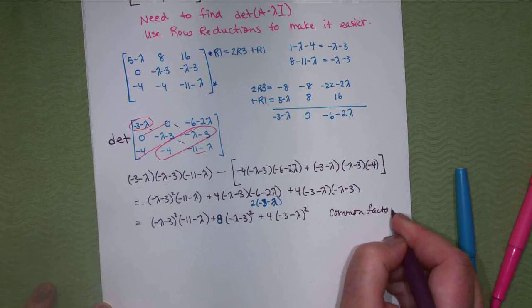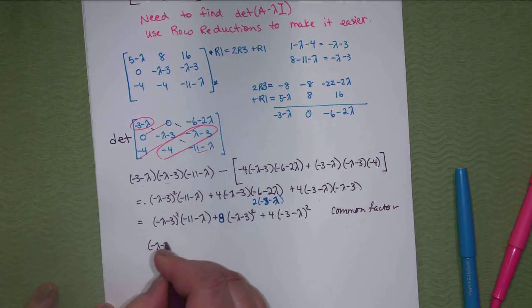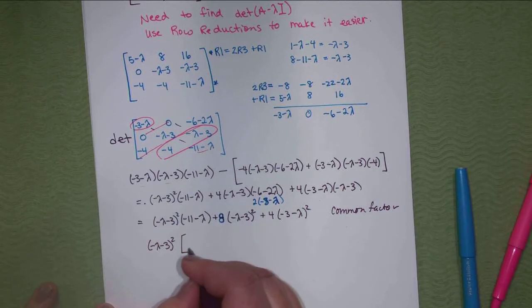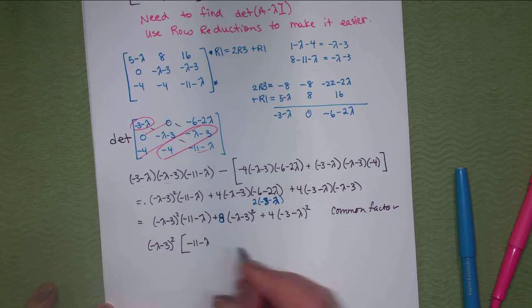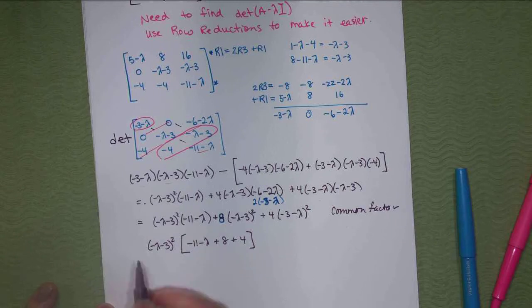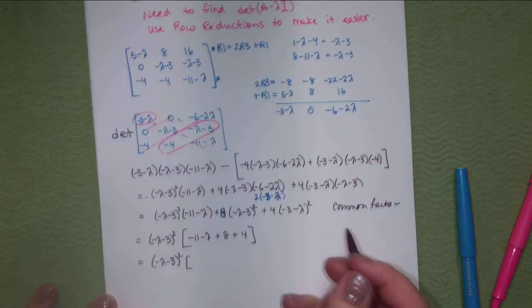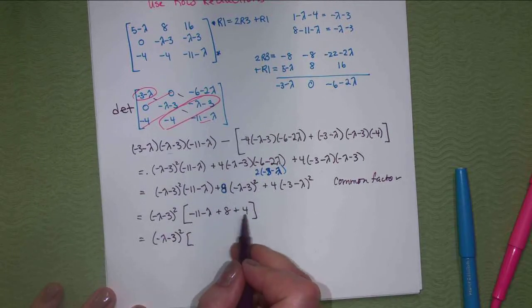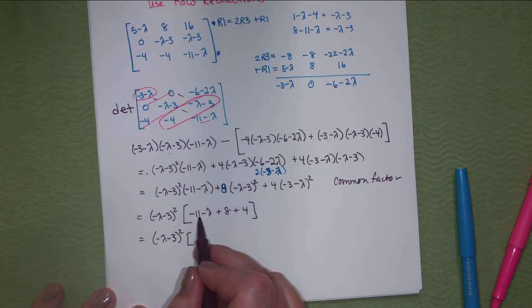So if we factor out minus lambda minus 3 squared, what do we have left? Minus 11 minus lambda, plus 8, plus 4. You have to practice these. What does this work out to be? 12 minus 11 is 1.